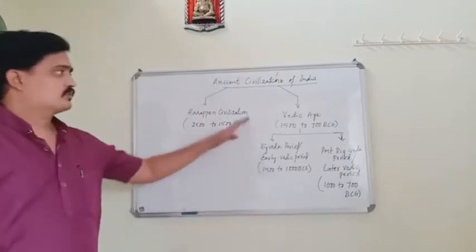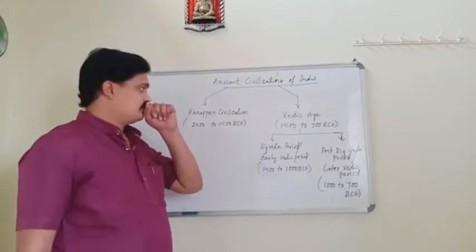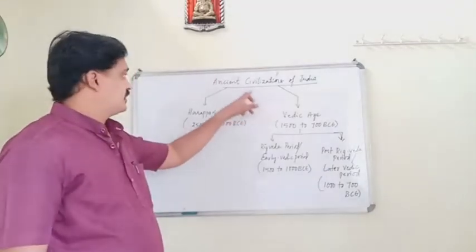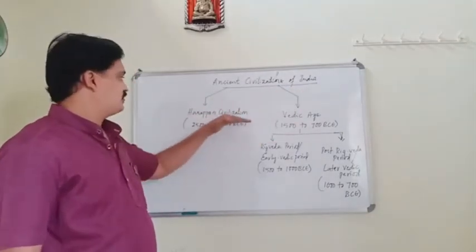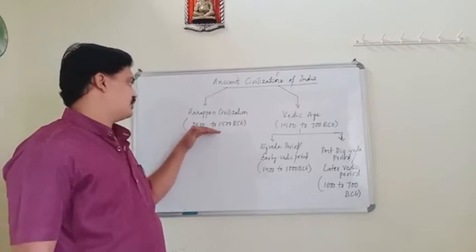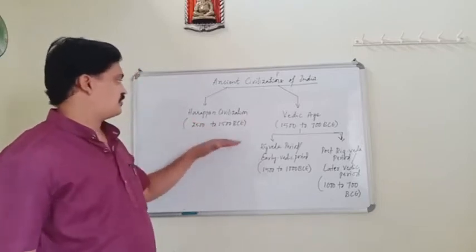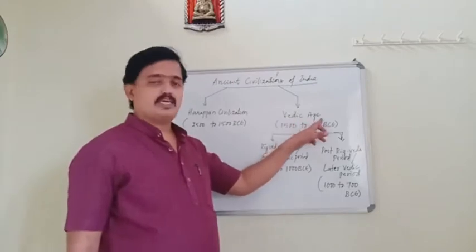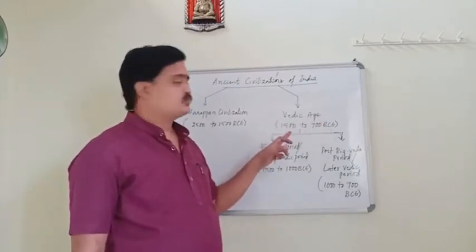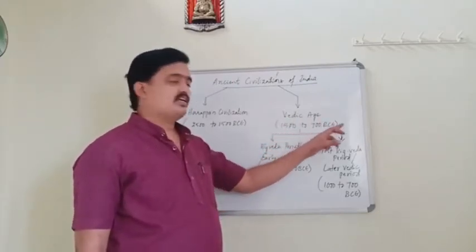So in this lesson, we are going to learn the ancient civilizations of India. Mainly the Harappan civilization, whose period was 2500 to 1500 BCE. One more important point is the Vedic Age, whose period was 1500 to 700 BCE.